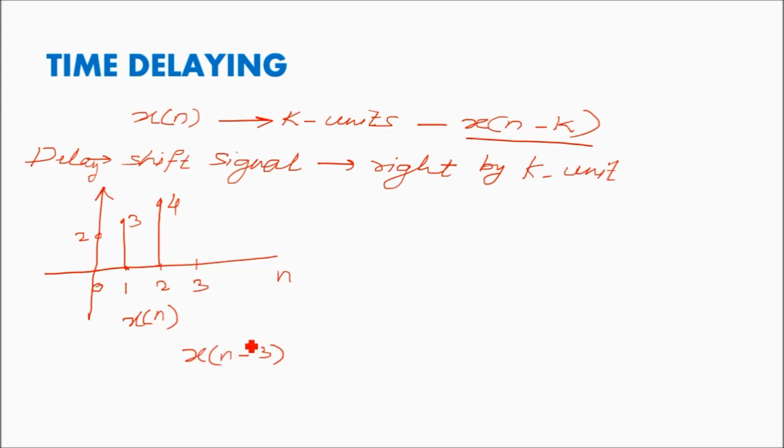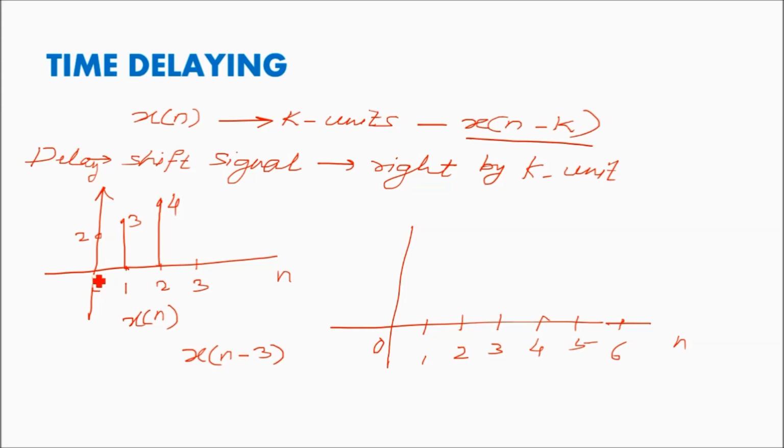You have to shift each value by 3 units towards the right.